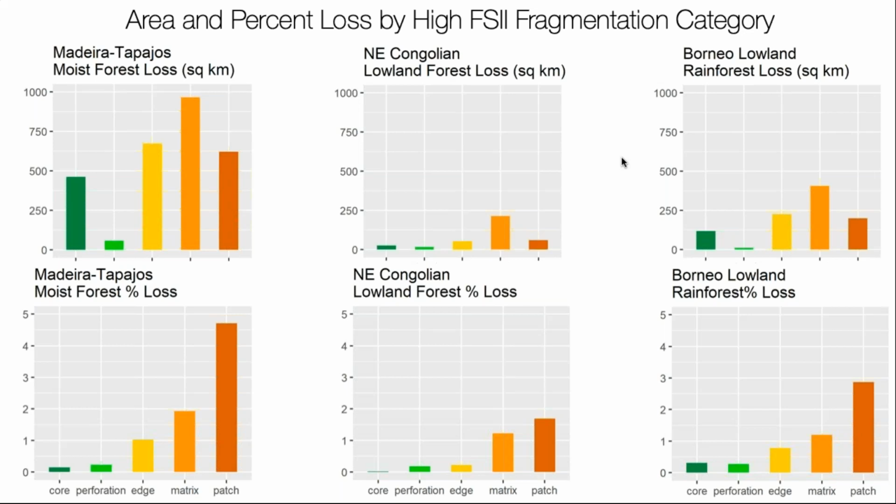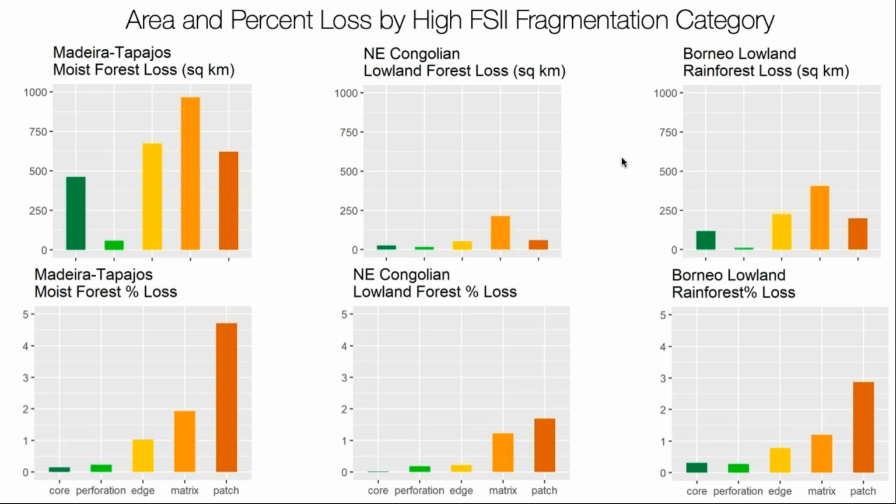But what's interesting is if we look at the bottom row, we can look at the loss rates as a function of fragmentation class. And what this shows us is that in general, matrix forest and patch forest, and to a lesser extent, edge forest, are at greater risk of deforestation than the core and perforation classes.